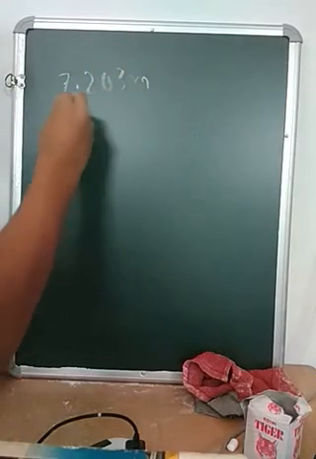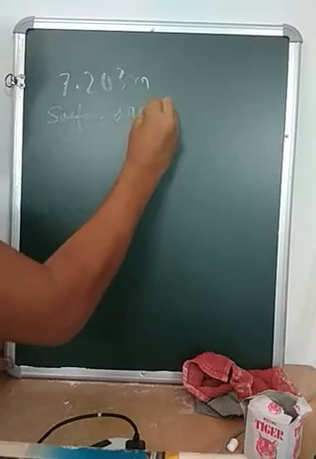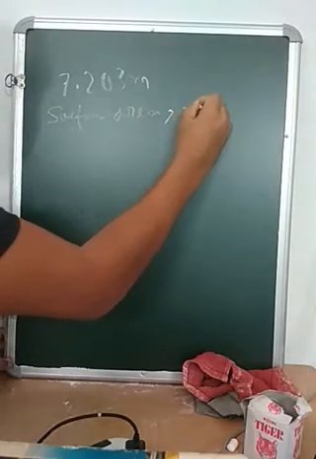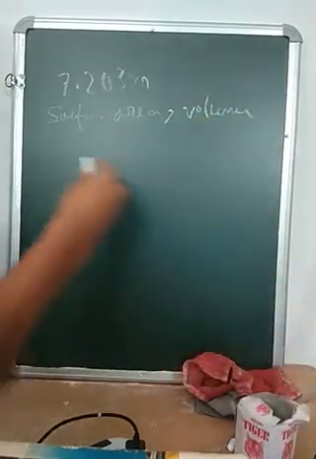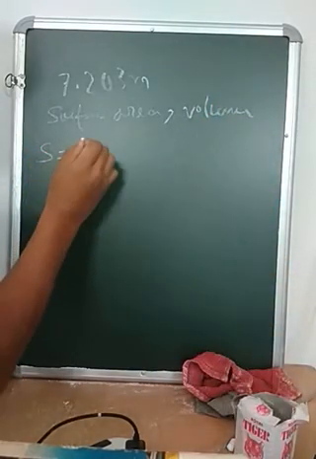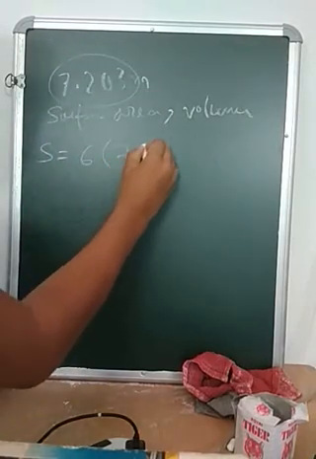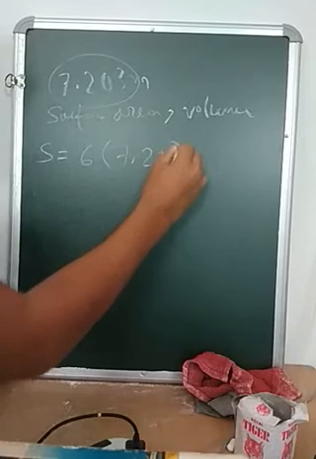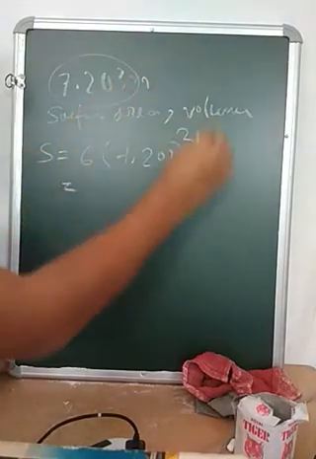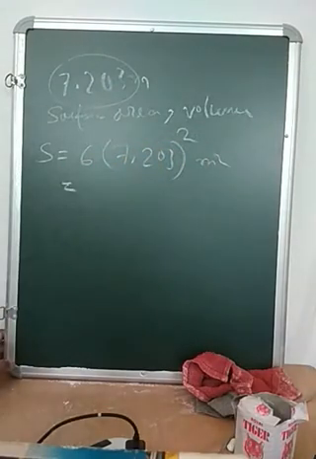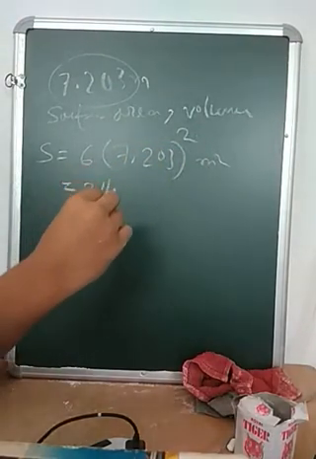You have to find the surface area and volume. So what is the surface area? It is equal to 6 into the square of this term, 7.203. So how much will it be? This meter square, it was something like 311.2994.